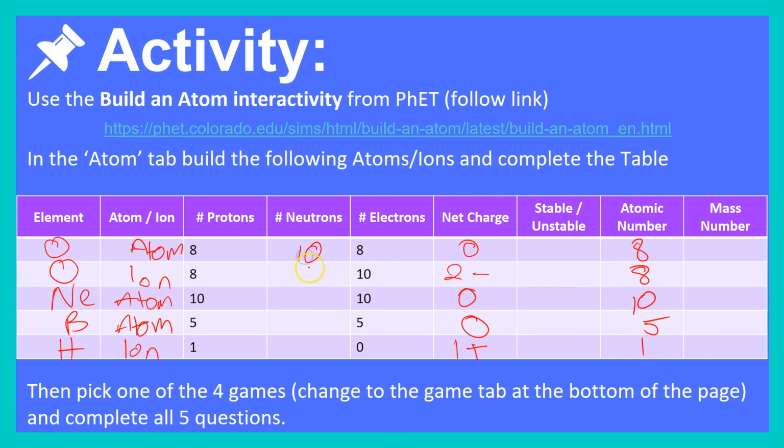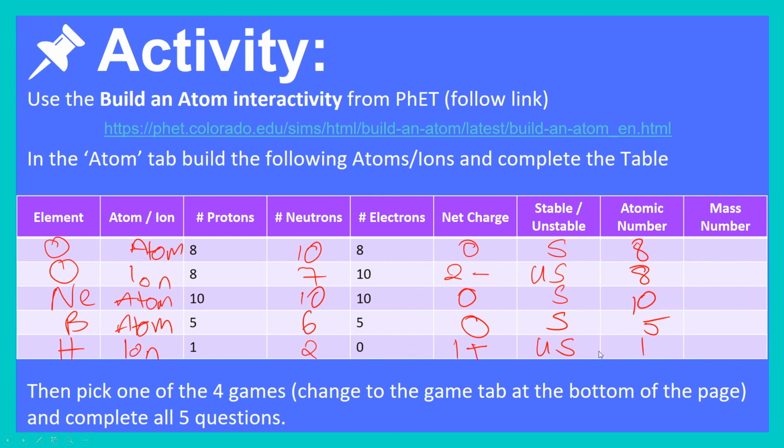So I had 10, then 7, 10, 6, and 2. This meant for oxygen, this first oxygen was stable, but this second one was unstable. My neon was stable, so was boron, but my hydrogen was unstable with that number of neutrons.